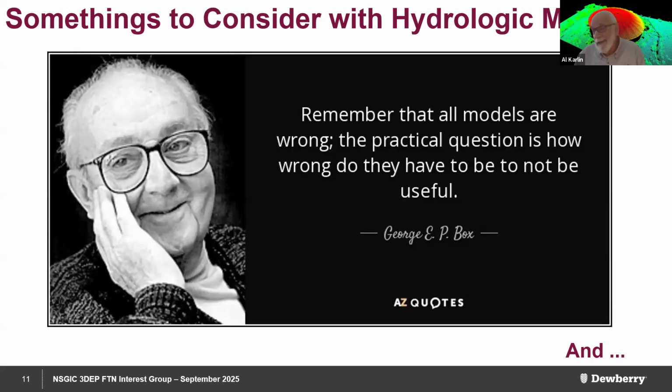The quote says, "Remember that all models are wrong. The practical question is, how wrong do they have to be to not be useful?" When I talk to engineers, I usually misquote George Box by saying, all models are wrong, but some are useful. I think that's the shortened form of this quote that we need to keep in the back of our heads throughout the rest of my discussion.